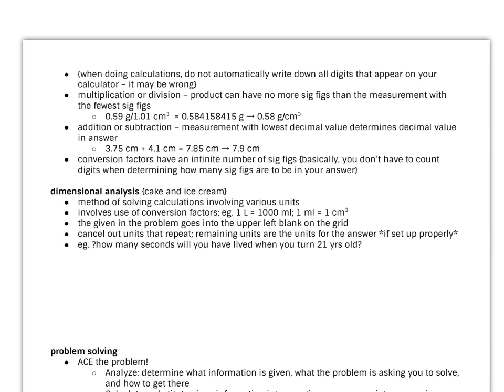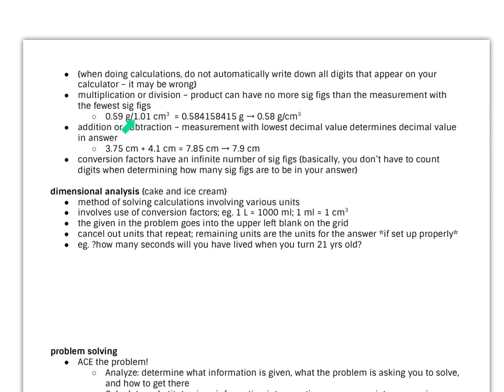A couple more rules with multiplication or division, because they're special. The product of those answers can have no more sig figs than the measurement with the fewest sig figs. Okay? So, for this example, you're dividing 0.59 grams by 1.01 cubic centimeters.